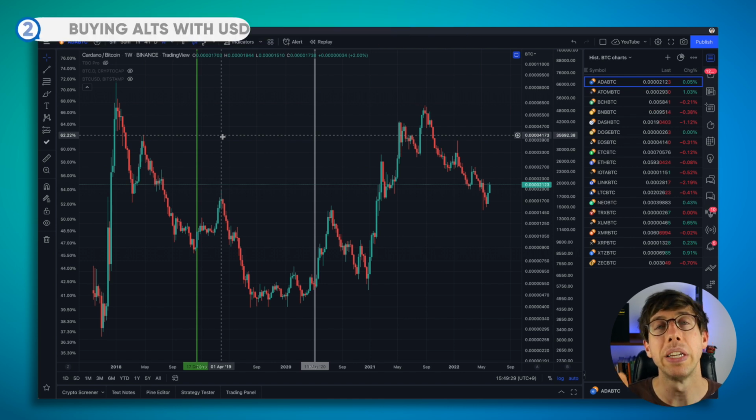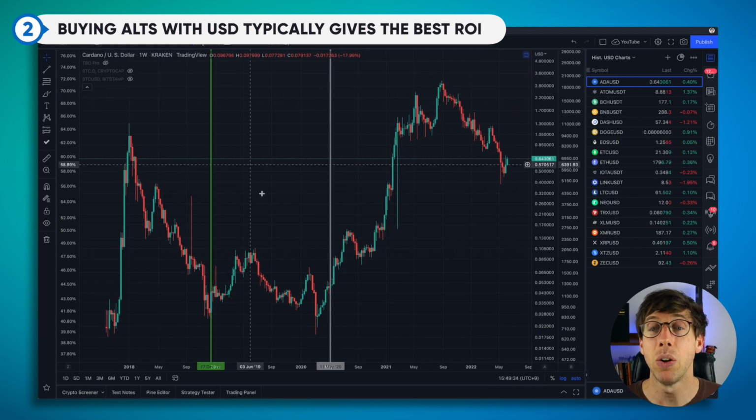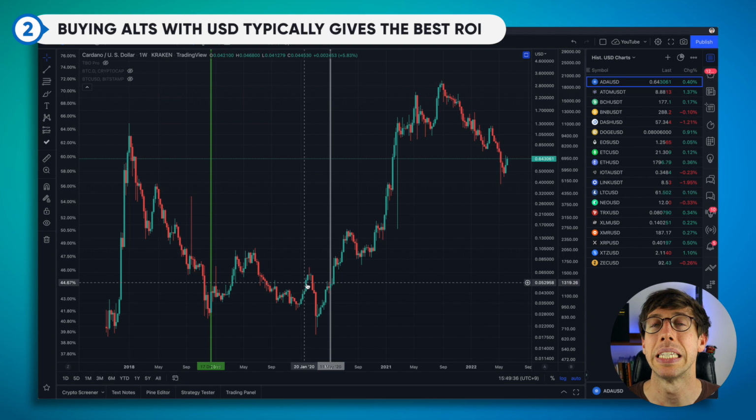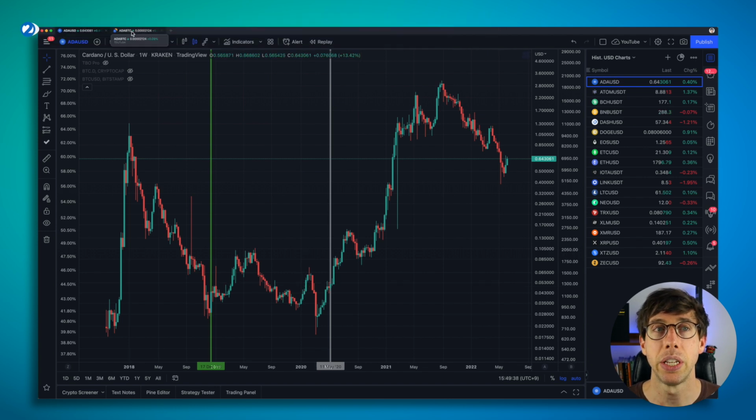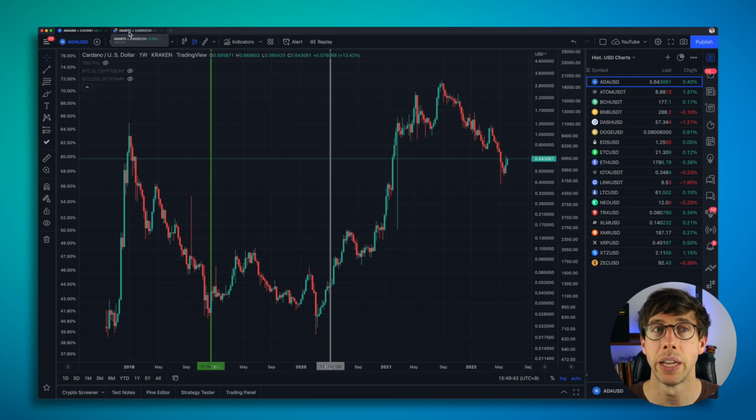You will always generate bigger returns buying and holding Cardano on the USD market. You actually lose value compared to the USD performance. And the reason is that Bitcoin keeps going up and to the right. Sometimes it falls. Sometimes it pumps really high, but in general, it's always up and to the right.